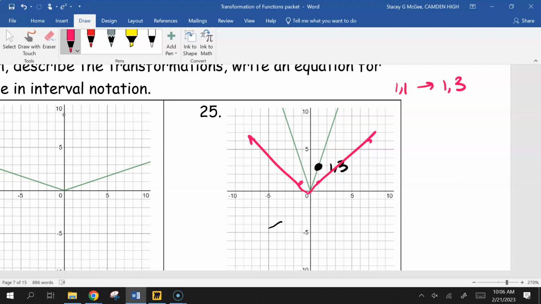The y, right? So since the y is the one changing, the y is the vertical axis, I'm going to call this a vertical. And now looking at it, is it a shrink or a stretch? Does it stretch out this way or shrink it? Stretch, vertical stretch, right?